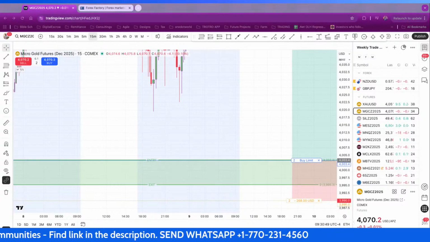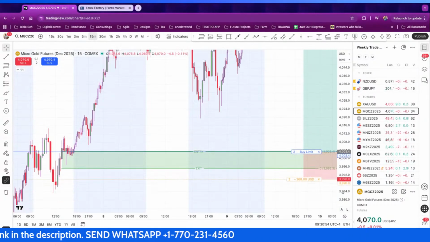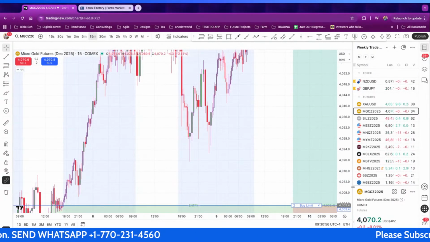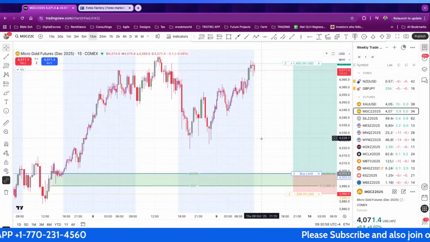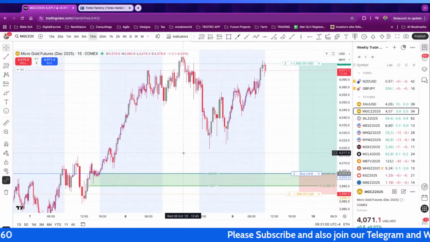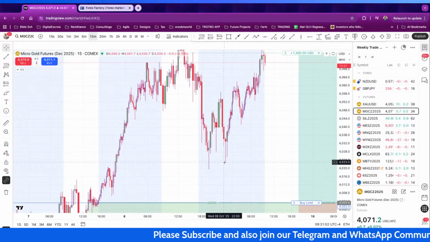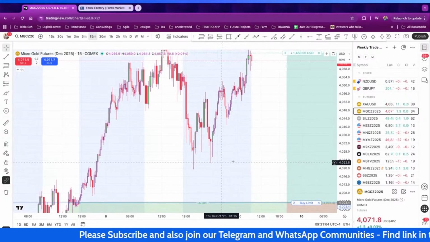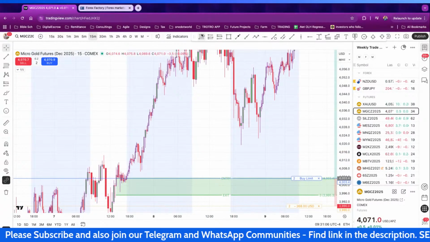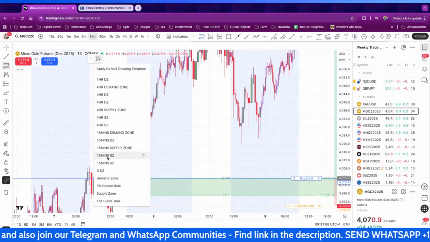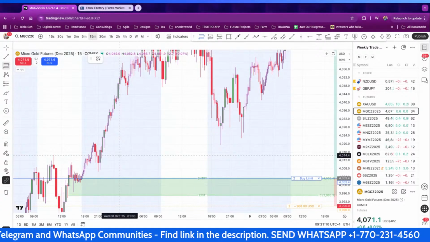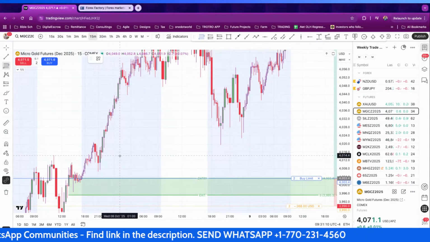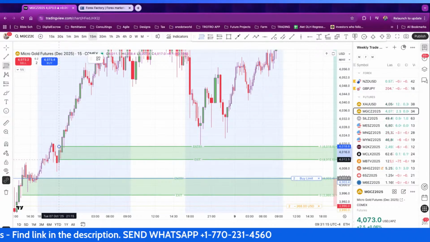So this zone is still good. I'm not going to change it, right? Gold, there's a lot of volatility. It moves a lot, right? Gold moves a lot, but there is another demand zone sitting right here, right? I'm going to mark it as a first demand zone here.